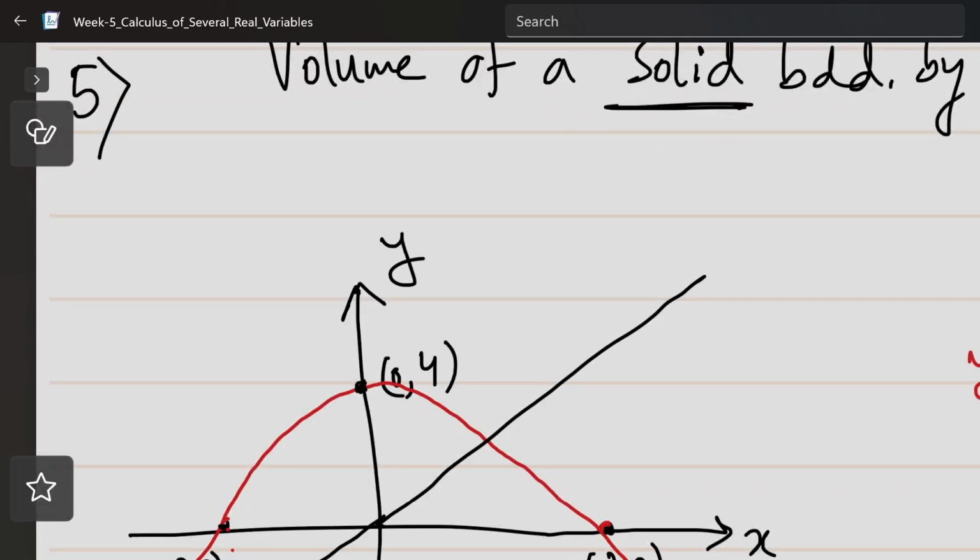Where it will intersect, you have to find the intersecting point. My drawing is not great, but consider this a straight line. So this is the y equal to 3x line and this is the parabola y equal to 4 minus x square.